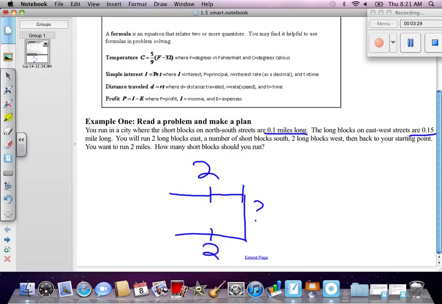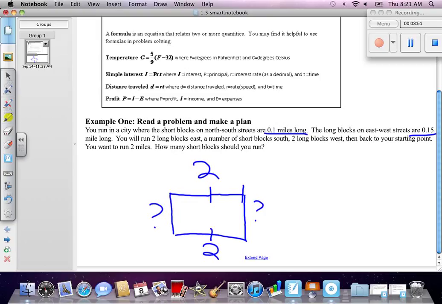So this is 2. And then back to your starting point. So you will run 2 long blocks east, a number south, 2 west. Then we want to go back to our starting point. Okay? How many short blocks should we run so this equals 2 miles?